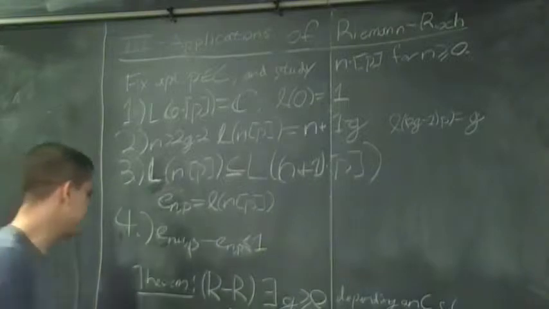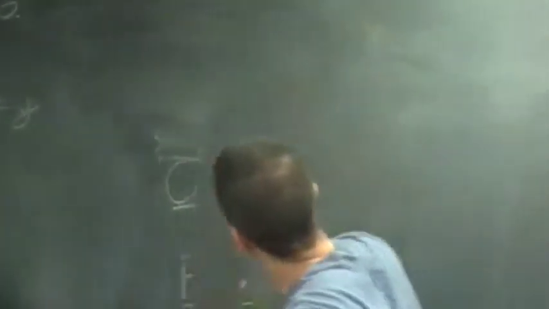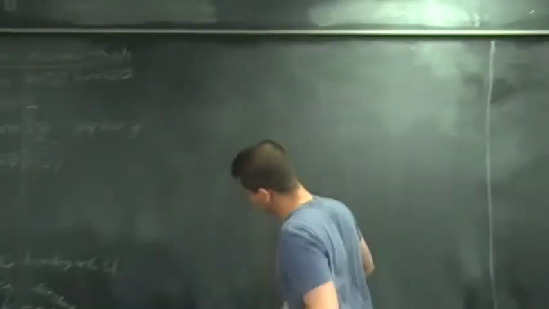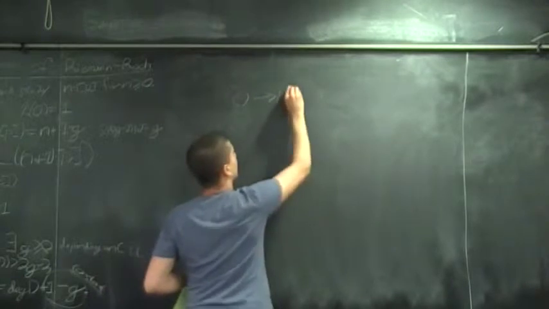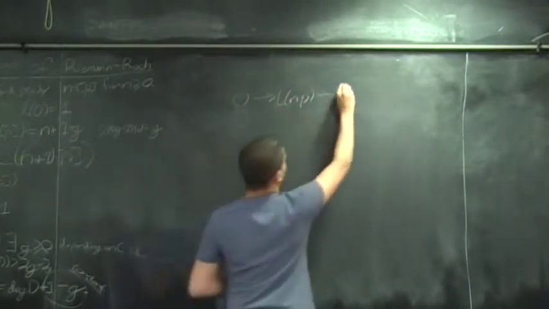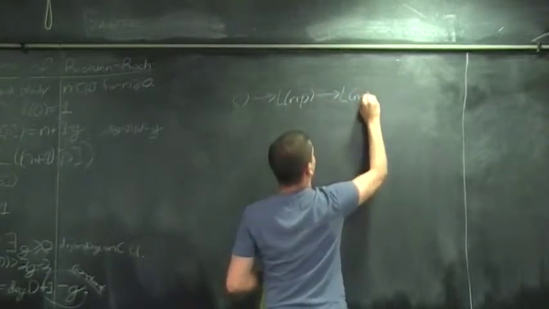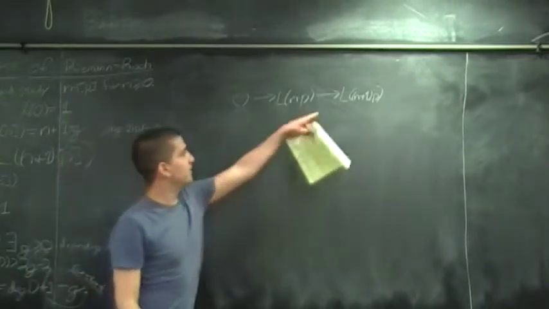And the way we see this, we're going to look at a particular left exact sequence. So we have one part of it already. This injects into that, and then we have a map.